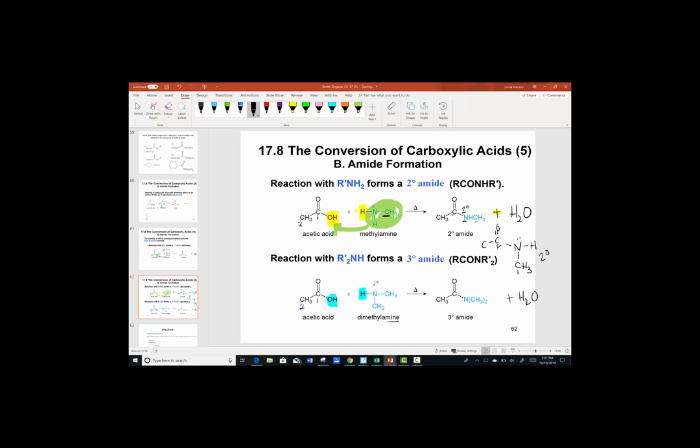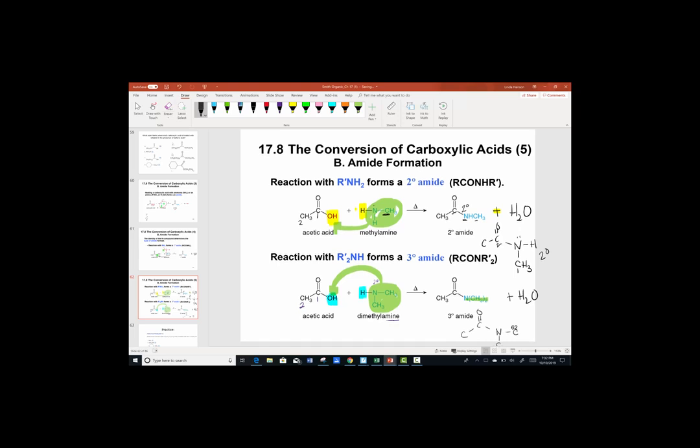And then we understand that this part of the structure from the amine will replace the OH group from the acid. And here, the NCH3 taken twice can also be drawn as the original structure. We have a nitrogen then attached to two other carbons, and therefore it is now called a tertiary amide.